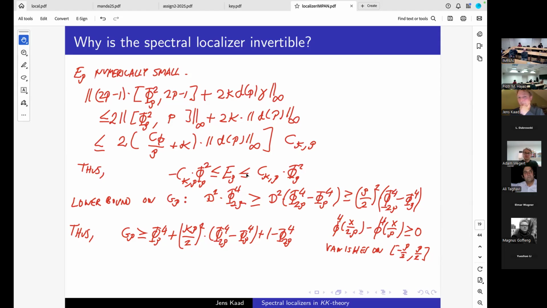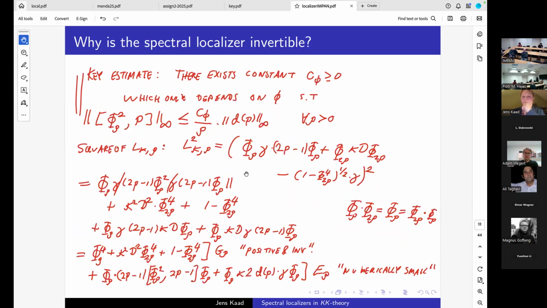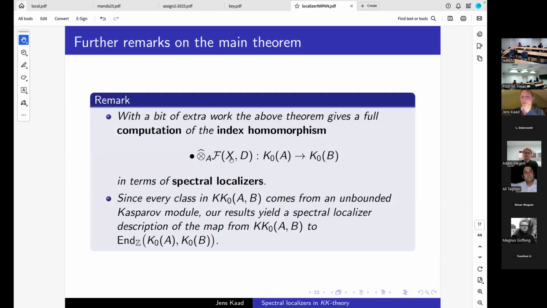Because this index homomorphism coming from my unbounded Kasparov module, when I apply it, which belongs to my quantity algebra, it's really still just given by compressing the abstract Dirac operator by P. This gives me an unbounded Kasparov module from the complex numbers to B.